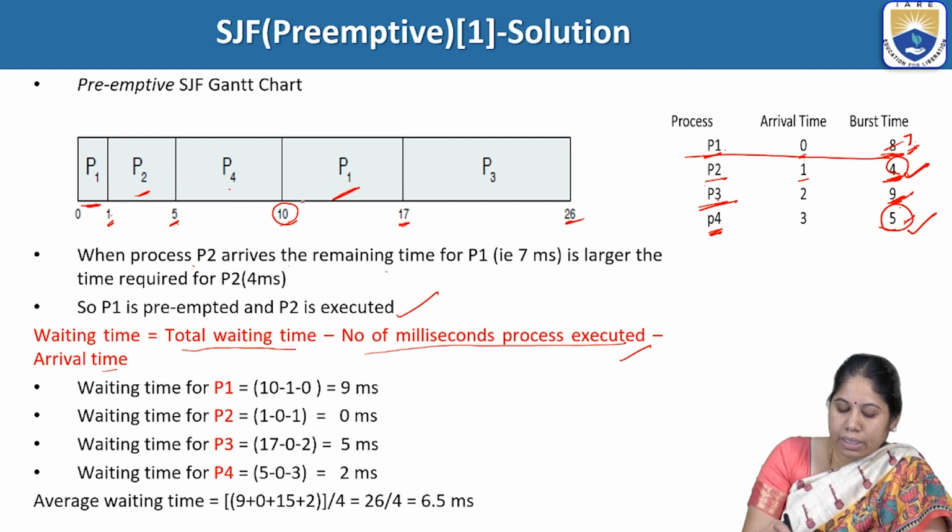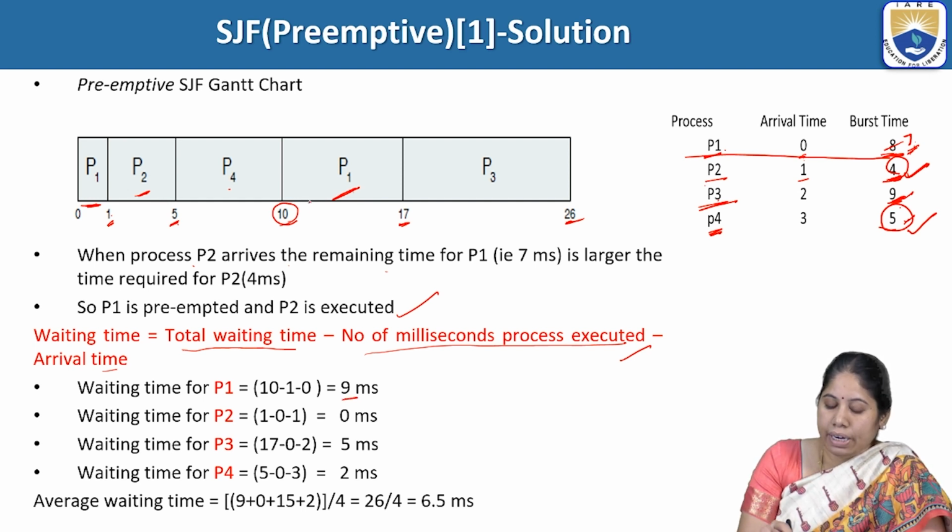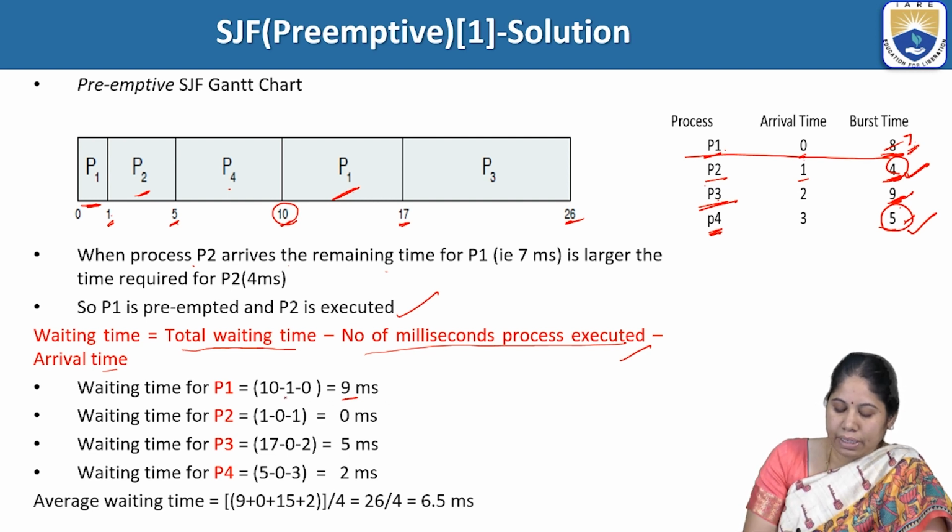So P1 waits in the queue for 9 milliseconds only. We have already seen this in the earlier examples when calculating from the Gantt chart.